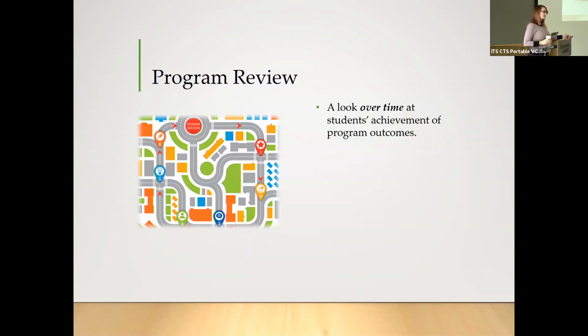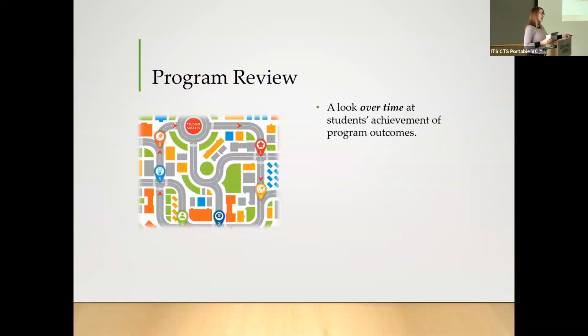Mm-hmm. And usually that correlates pretty nicely to how many program outcomes there are and the ability to have solid evidence or enough data to analyze and make some sort of determination about what that says about student learning over time. And that's where the different pieces come into play, triangulation.